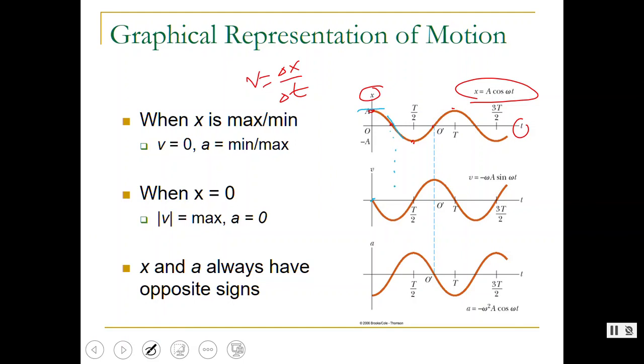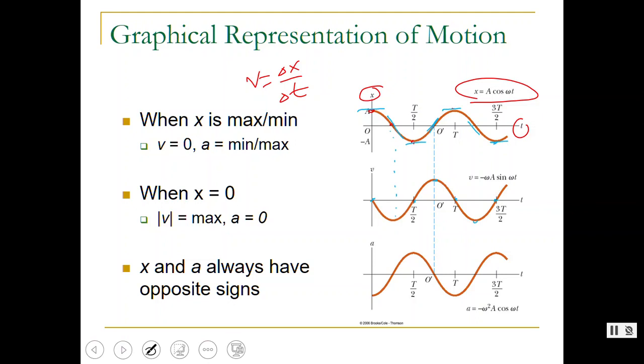So when my displacement is 0, my velocity is at a negative maximum. Then I have a slope of 0 again. Then we come through here, and we're at a positive maximum for the slope, so that's our velocity at that point. Then we go to 0, then to a negative maximum, and then to 0 again, and so forth.